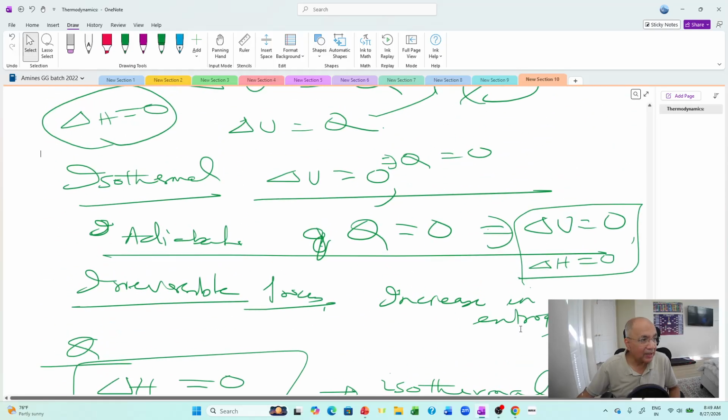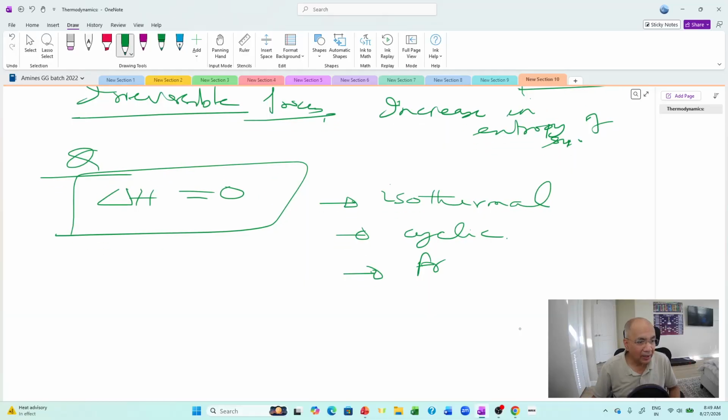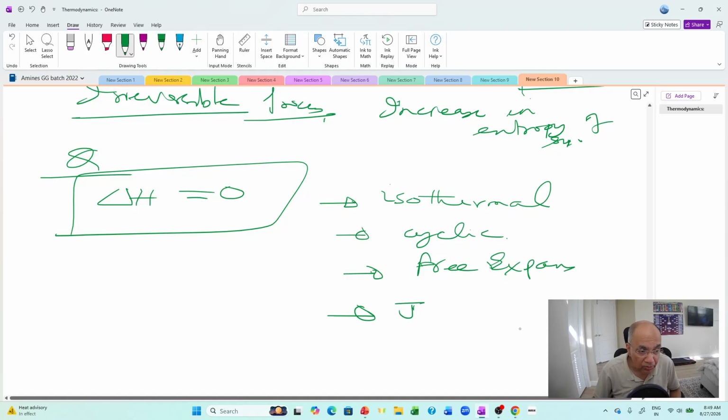Another one, which we will not study now, is the Joule-Thomson effect. That is called throttle expansion. That is used in Linde's refrigerator. Throttled expansion is called the Joule-Thomson effect.